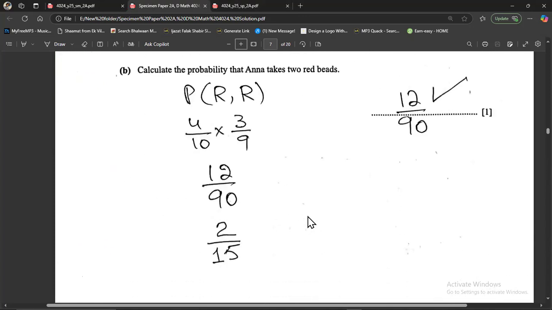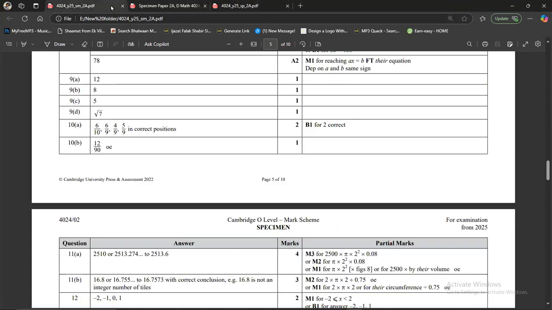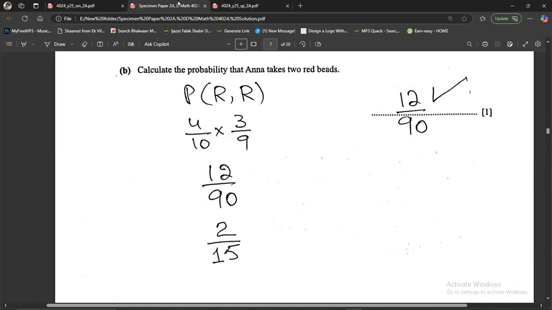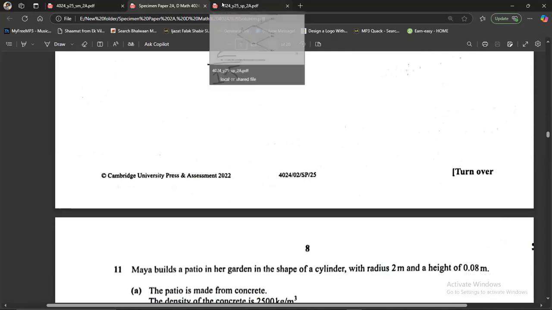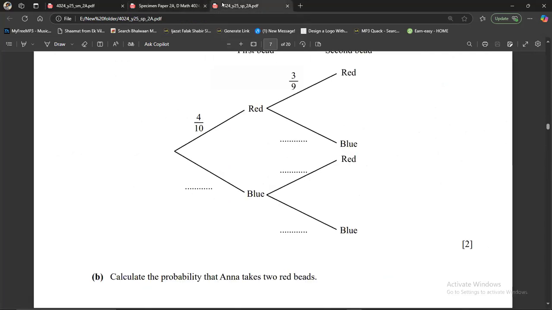So numerators multiply with numerators, denominators multiply with denominators. So that's 12 by 90. So 12 by 90 is the answer. You can also simplify it, or you can leave it like this, 12 by 90. The answer is right. And here we go to the next question.